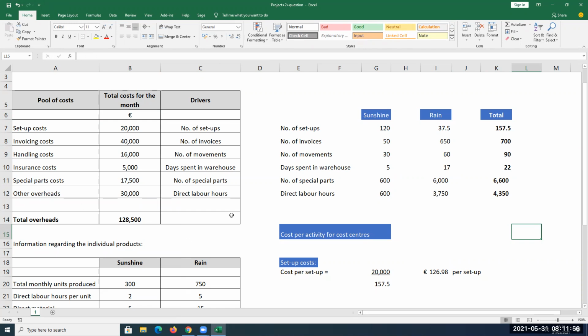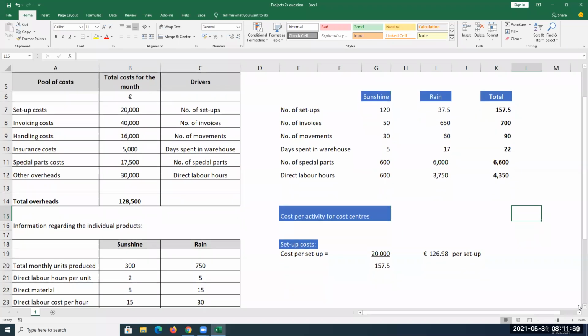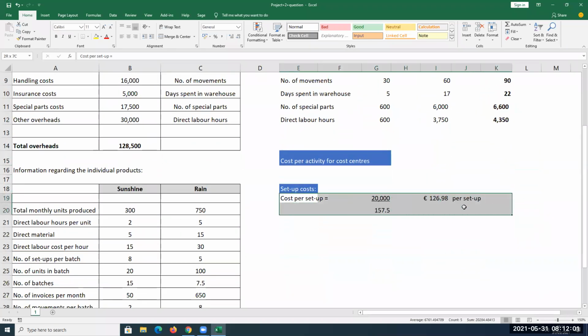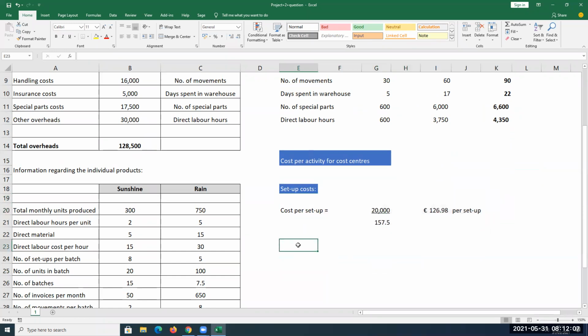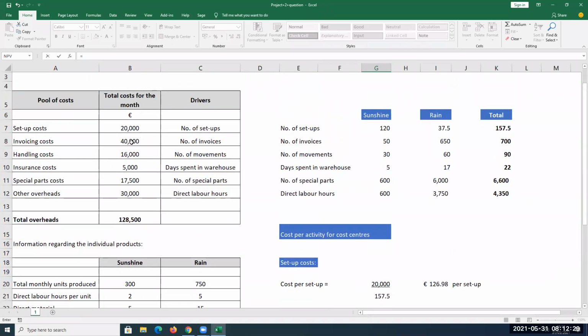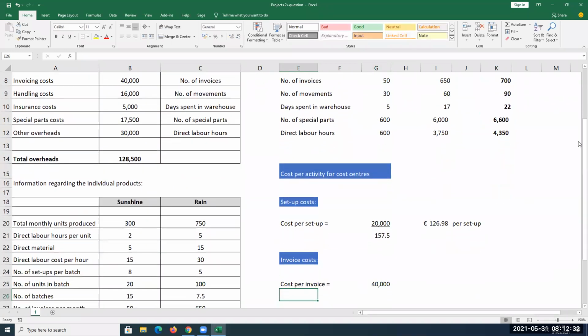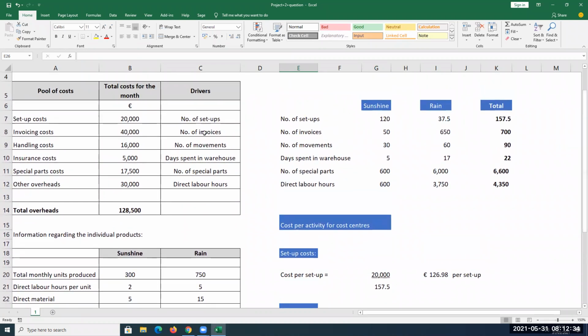Now, next, invoicing cost. Let me bring it a little bit down. So it's cost per invoice. The total fixed cost relating to the invoices is 40,000 and the cost driver is total number of invoices.